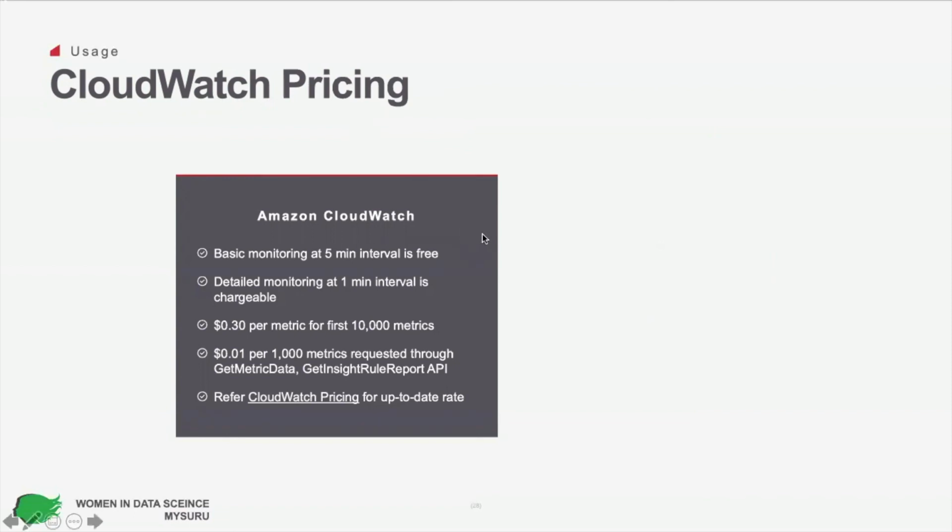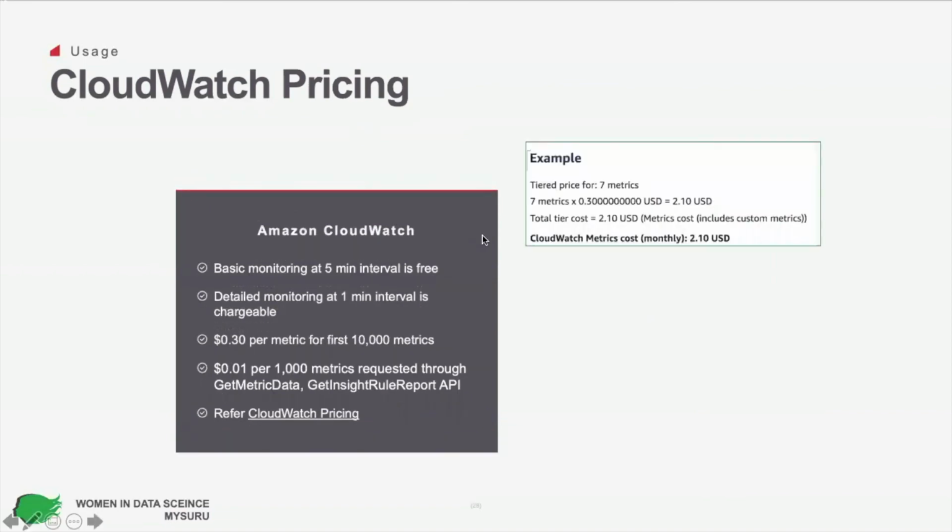If you take tiered pricing for 7 metrics, assuming $0.30 per metric, it's going to be 2.1 USD for the entire month when I use 7 metrics for a specific EC2 instance. That's how you would calculate the pricing. You can also look at the CloudWatch pricing page for more details.